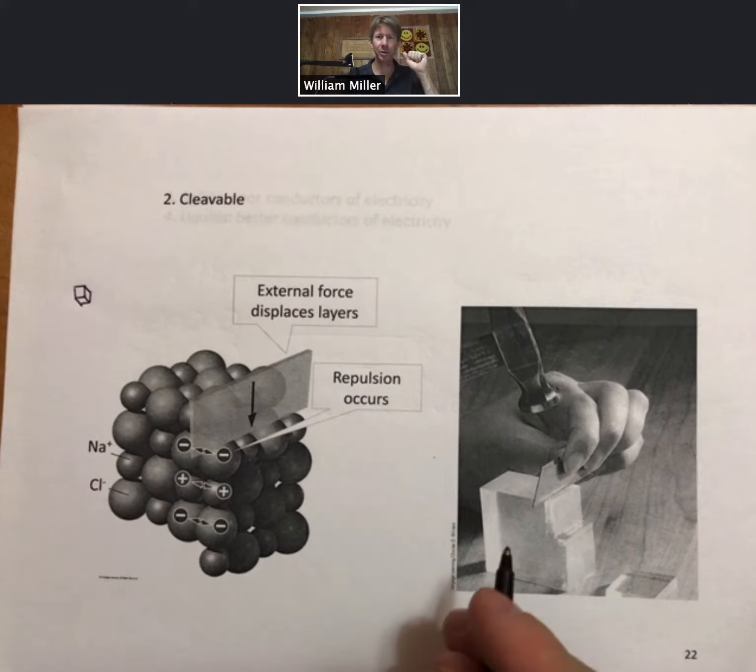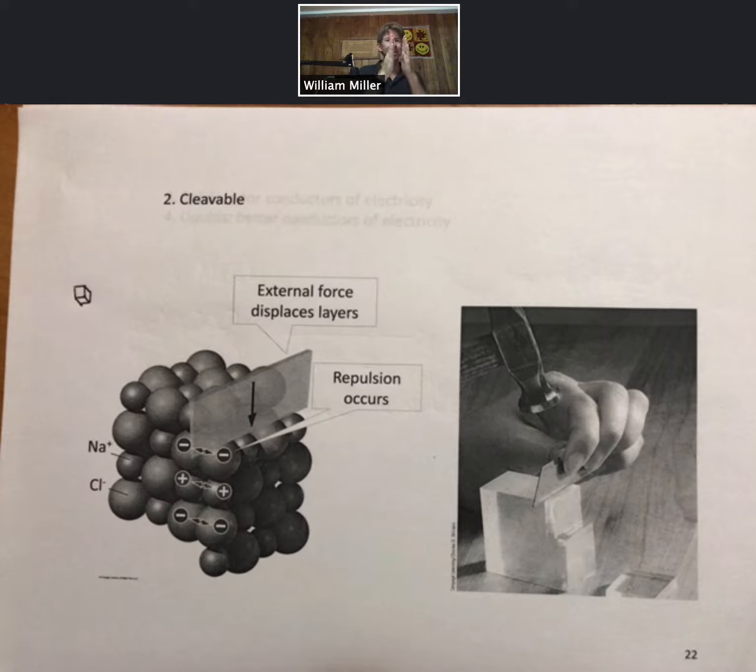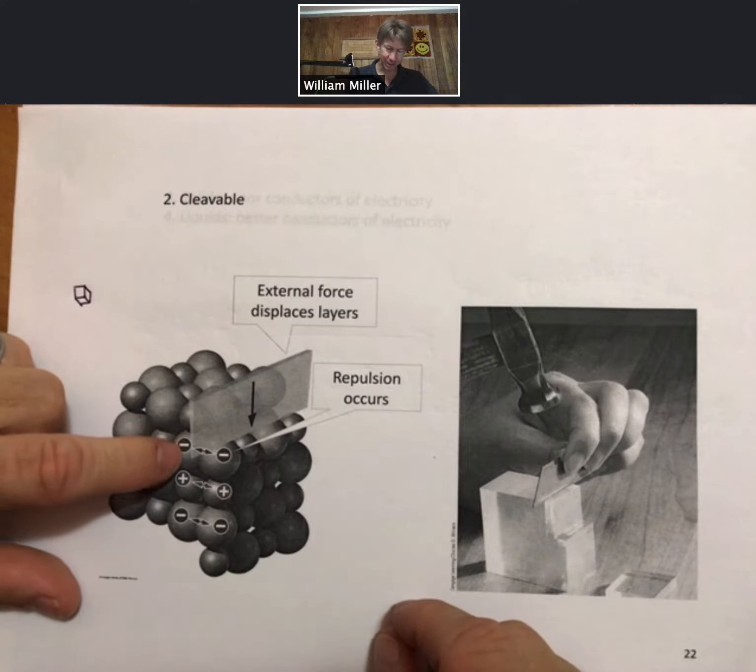If you've ever worked with magnets, and you take 2 magnets and try to bring them together so that they repel each other, it's very hard to do, but then you shift them one tiny bit and they're attractive. Sort of the opposite happens with these.